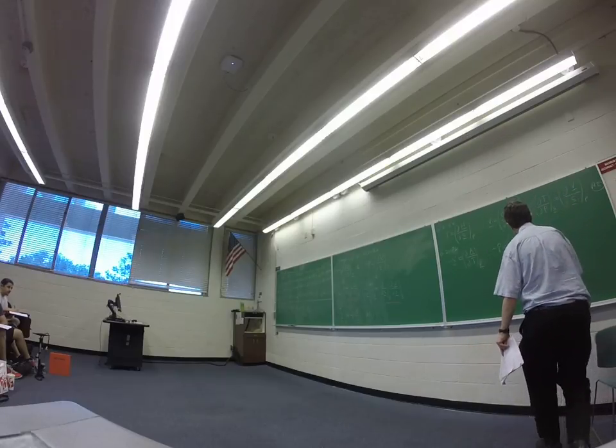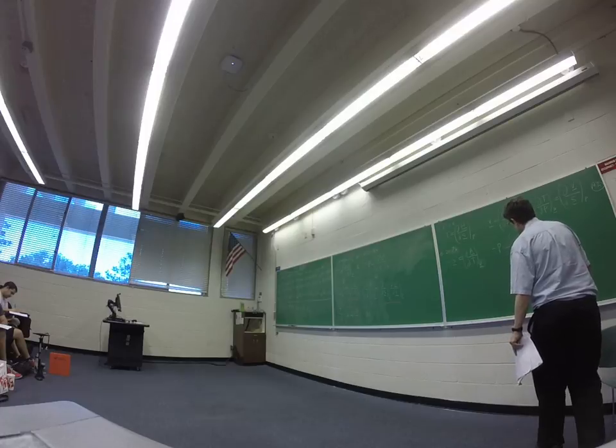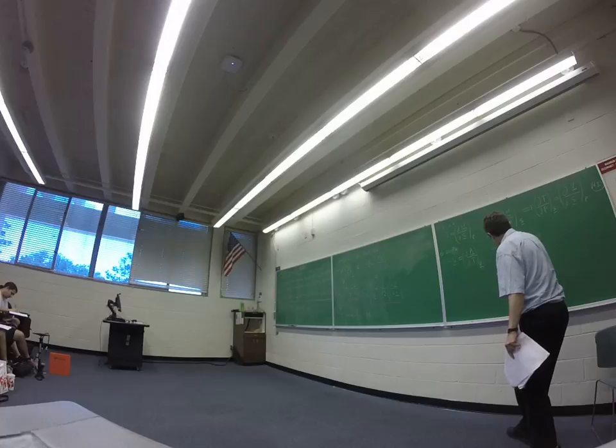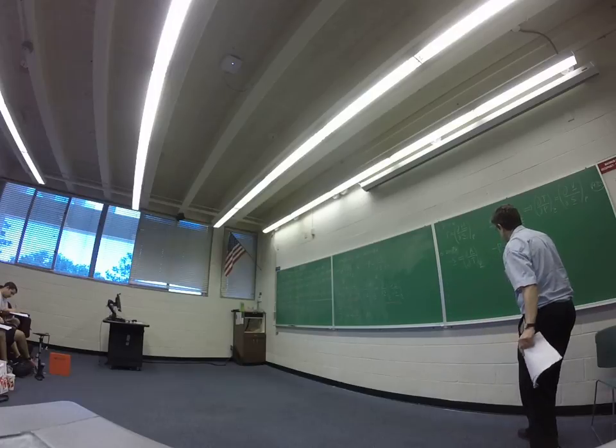So, if I take now the partial of this with respect to V at constant T, and take the partial of this with respect to T at constant V, I will have equality.